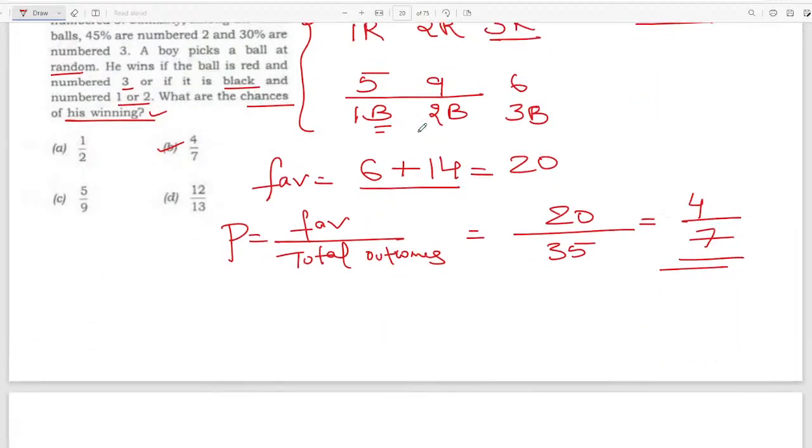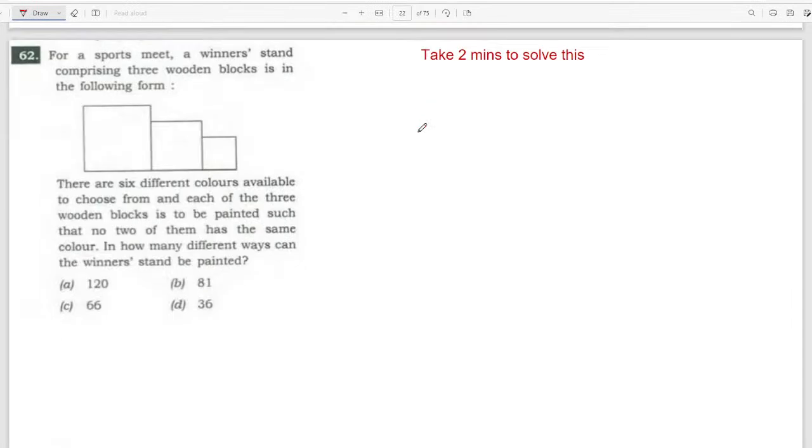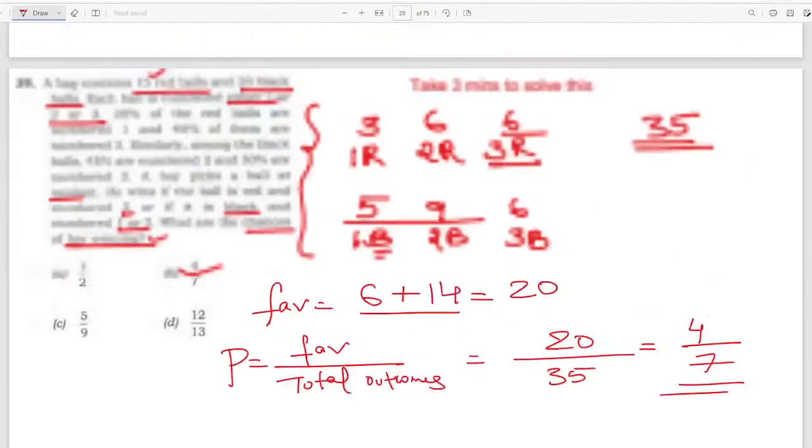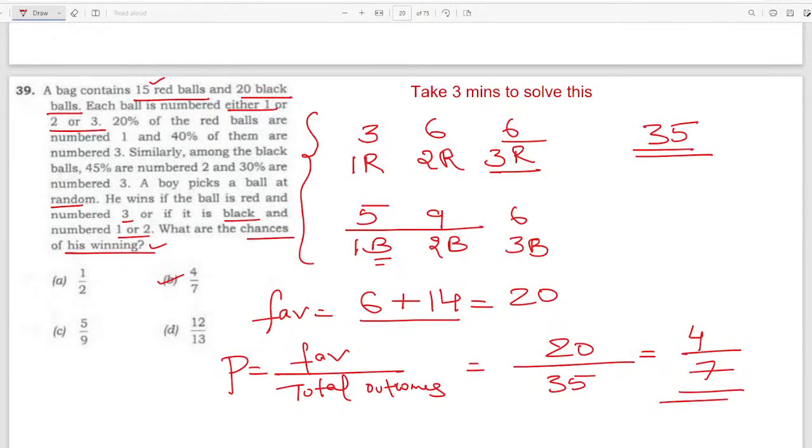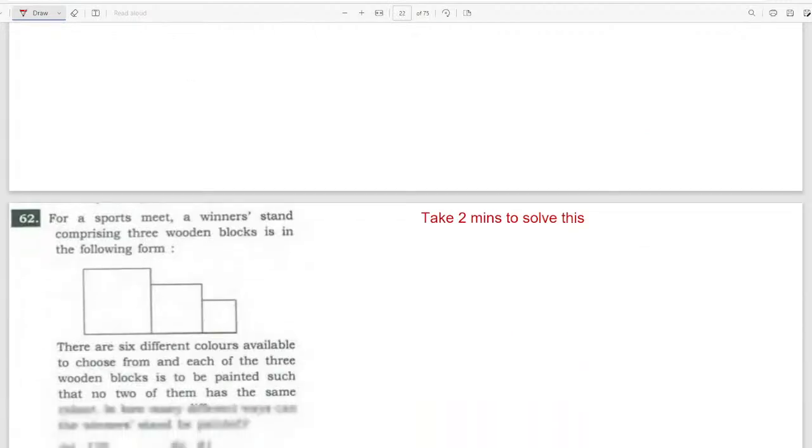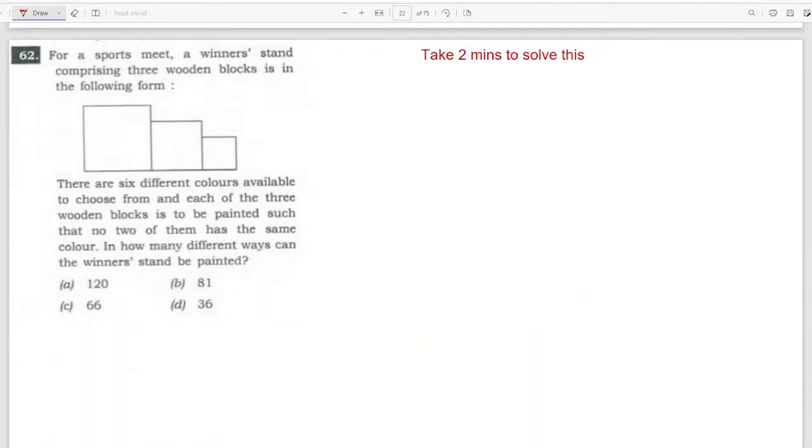Okay. So we'll move to the next question. Take 2 minutes to solve this question. This question was picked from previous year's paper only. So take 2 minutes, 3 minutes to solve this question.